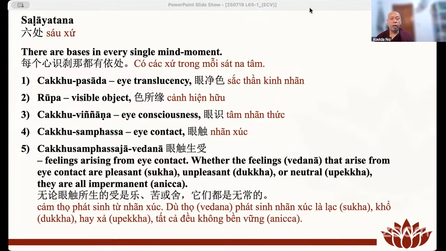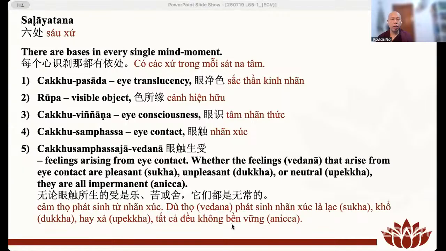Then we have cakkhuvinnana, eye consciousness. When these three arise, there is also cakkhusamphassa, eye contact. Eye consciousness and eye contact arise together. Number five, cakkhusamphassaja vedana, feeling arising from eye contact, which can be pleasant, unpleasant, or neutral.